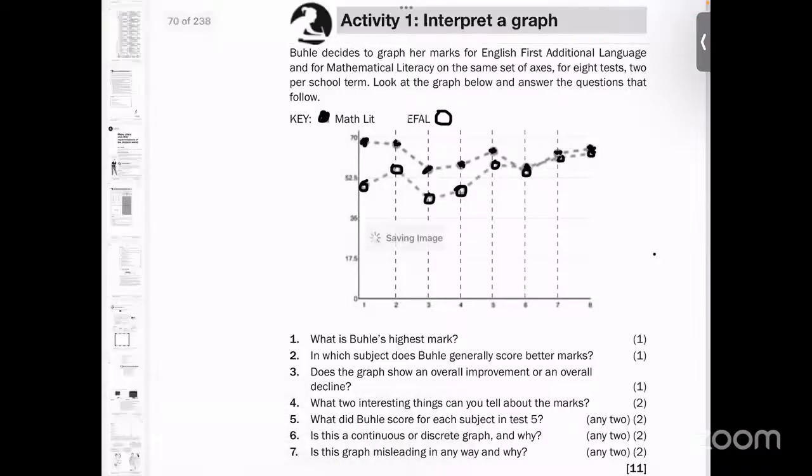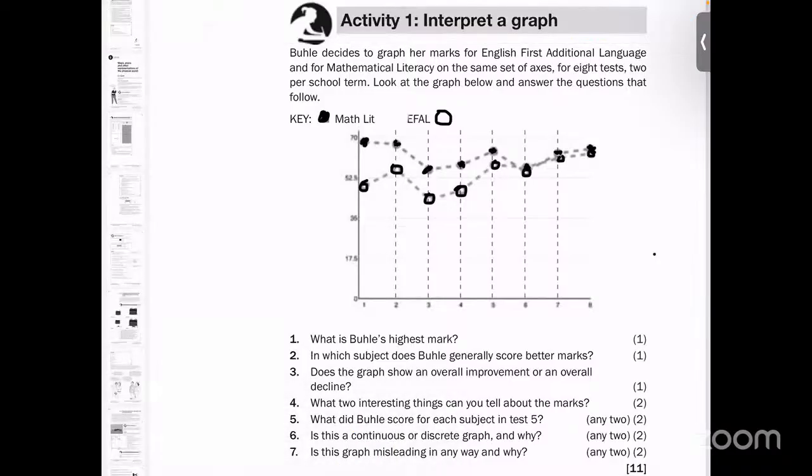Okay, let's see. What two interesting things can you tell about the marks? What two interesting things can you tell about the marks?